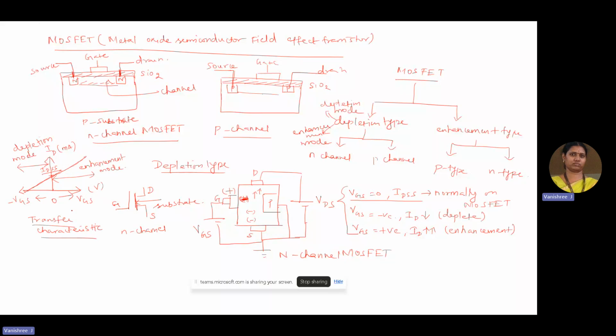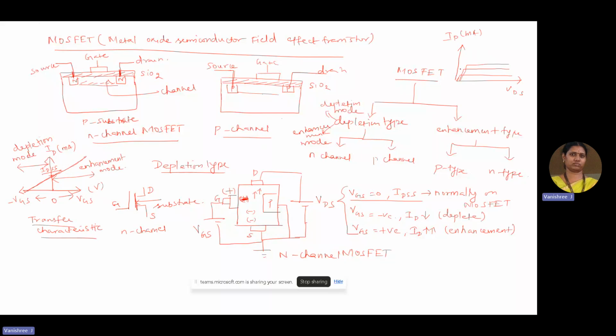So now let us see the drain characteristics. The drain characteristics are drawn between the drain source voltage and the drain current, which is measured in milliamps. This is taken for various standard values of gate source voltage.